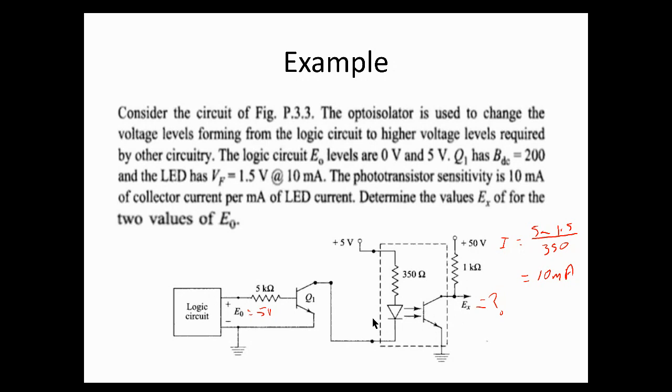Alright, so now I want you to tell me, when the switch is on and when the switch is off, what is the output voltage at EX with respect to the ground?